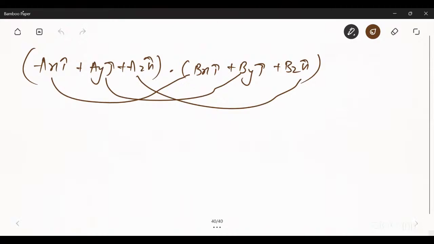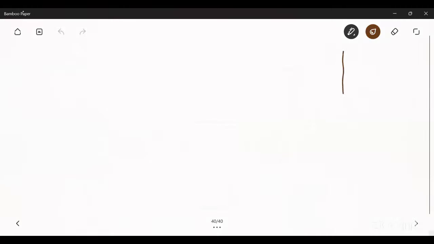Suppose this is the vector. It has three axes: x axis, y axis, z axis.